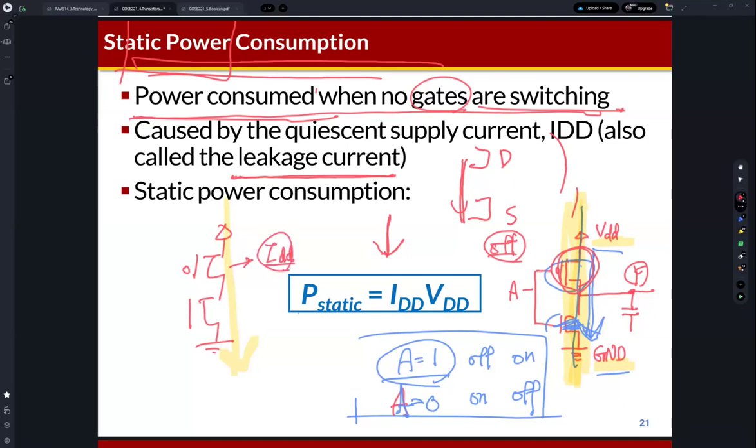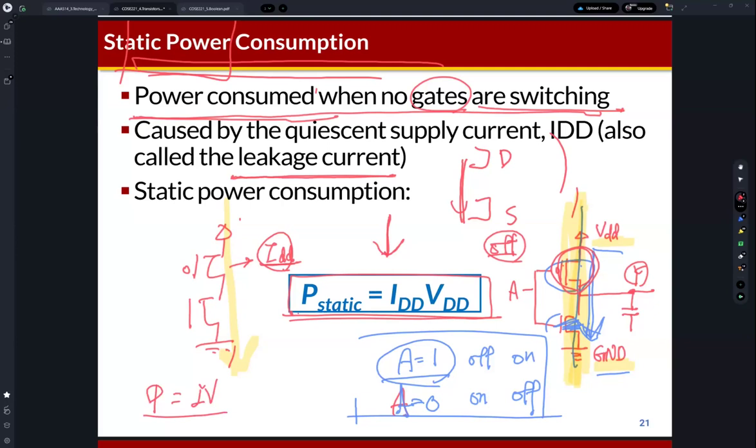Because the leakage current flows from VDD to ground, static power is defined by this equation: IDD multiplied by the supply voltage, because you know P equals IV.